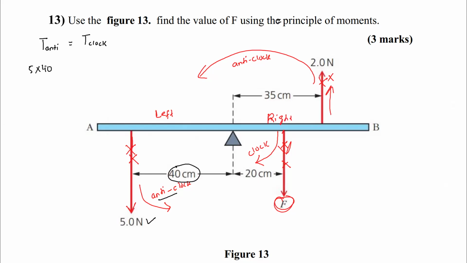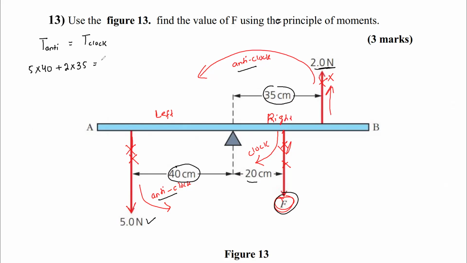Now look at this, where are the other anti-clockwise forces? Here you see 2 Newton is also anti-clockwise and the distance here is 35 centimeters. So just write down 2 multiplied by 35, is equal to, but for the clockwise direction we have only the unknown force, which is F, and the distance here is 20 centimeters.